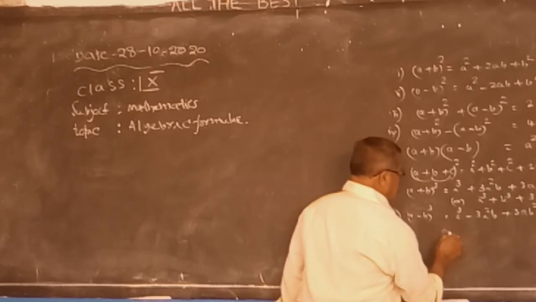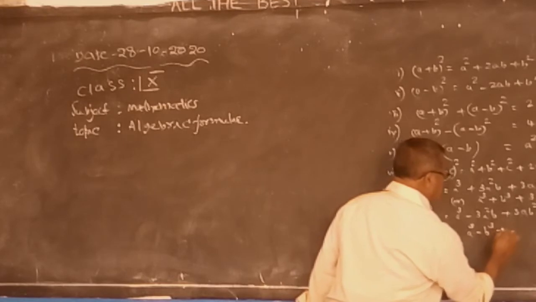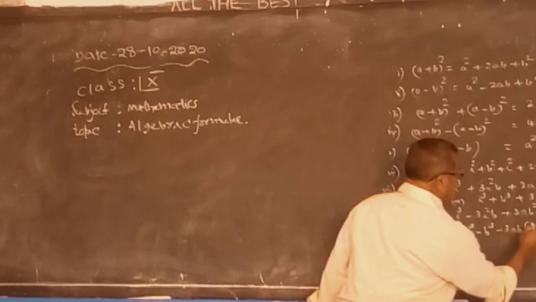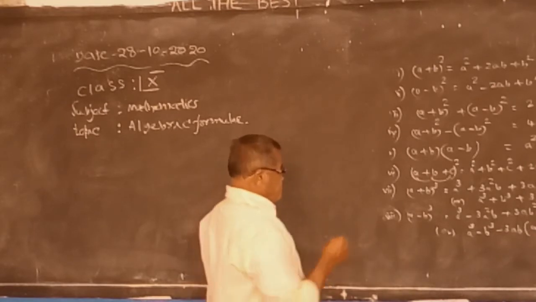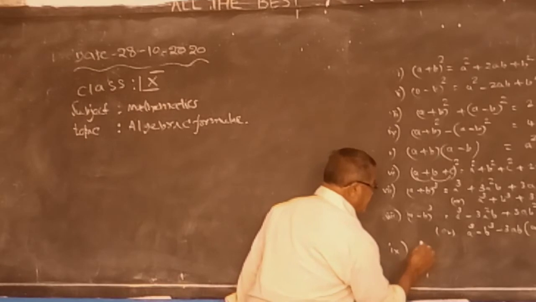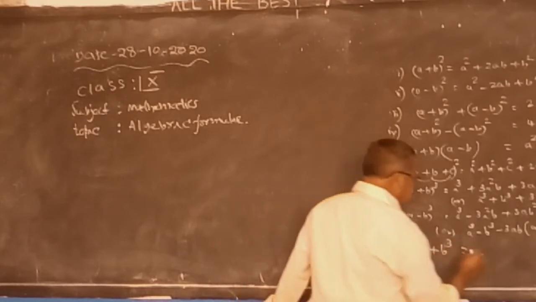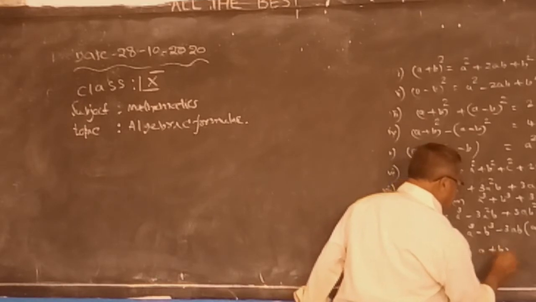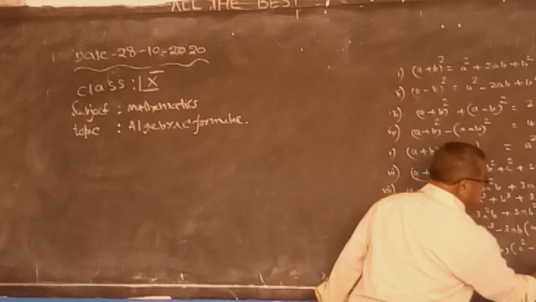Short form, or a cube minus b cube minus 3ab of (a minus b). And ninth, a cube plus b cube is (a plus b) into (a square minus ab plus b square).